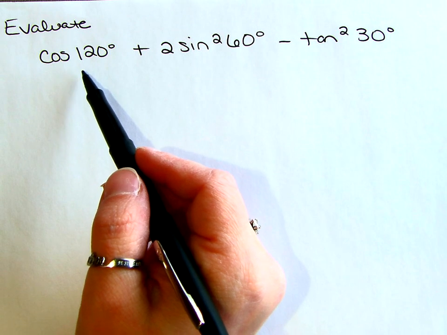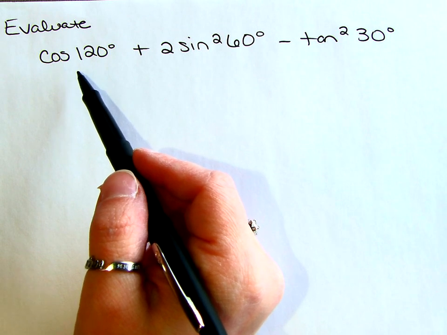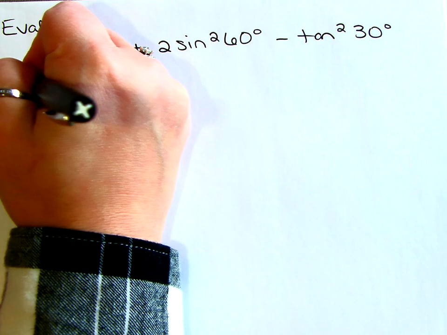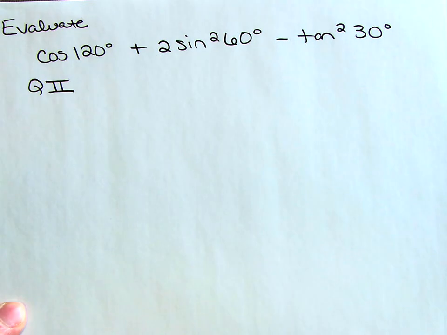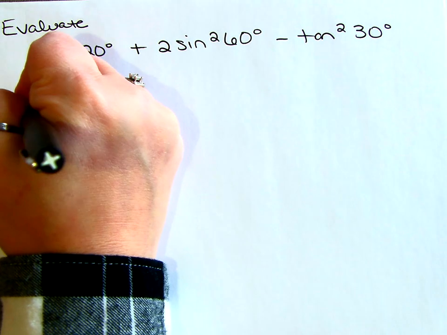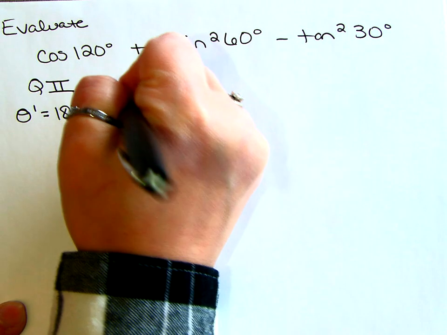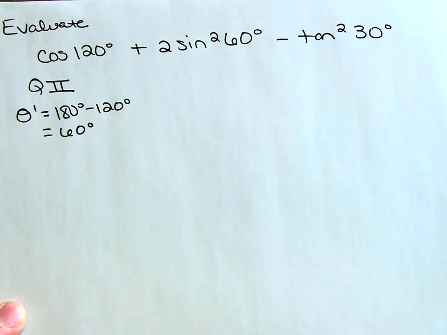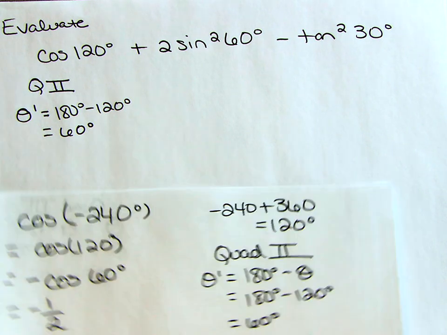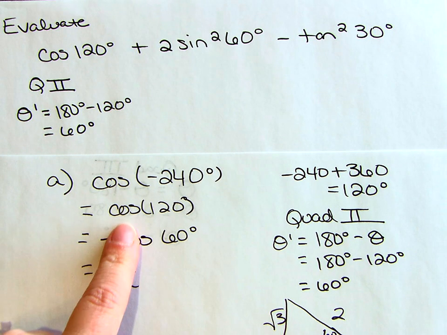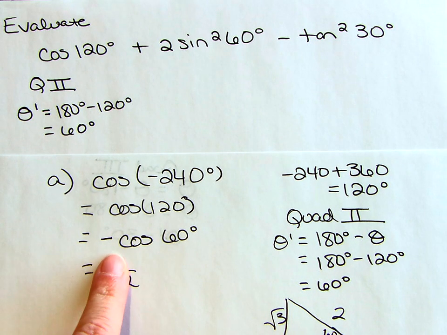Cosine of 120 lies in quad 2, so our reference angle is 180 minus 120, which is 60 degrees. We actually just did this exact same thing on part A. We had cosine of 120, so it was negative cosine of 60, which is negative 1/2.